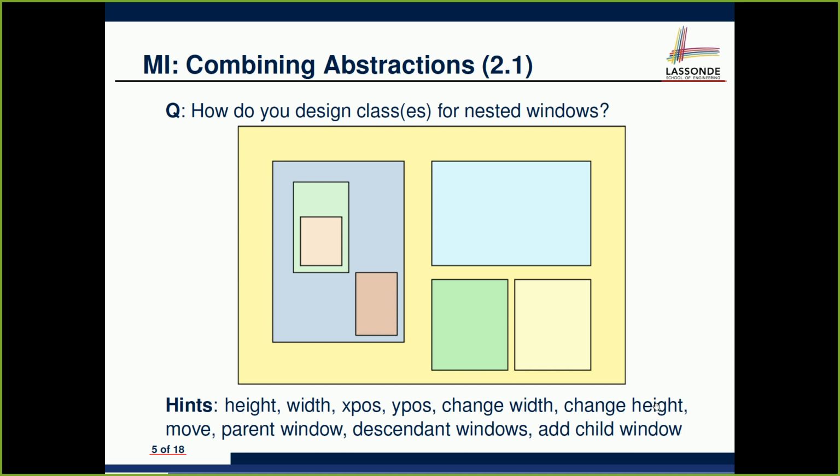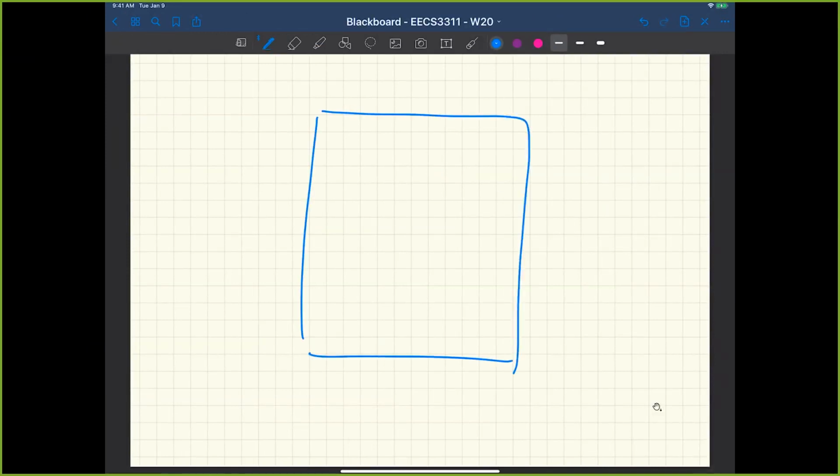One choice for you to account for all these features is to put every one of them into a single class. So one choice would be, let's say you have a single class over here, a simple window class, window.